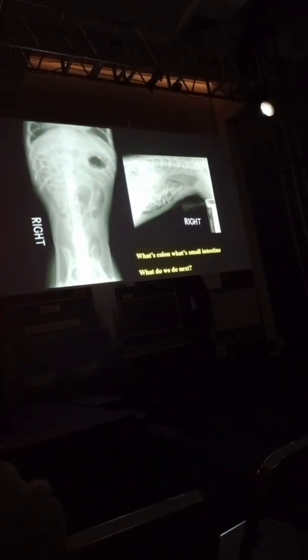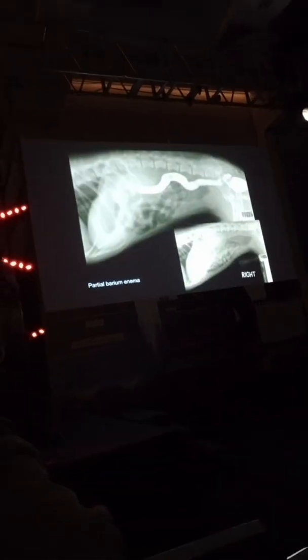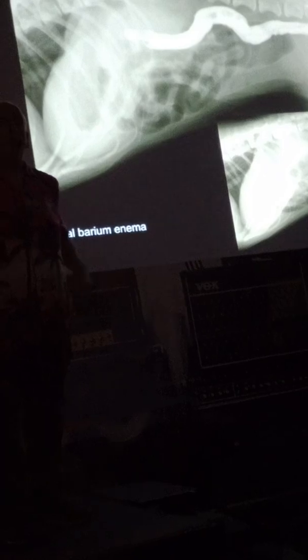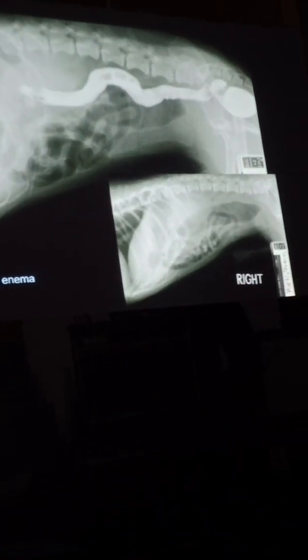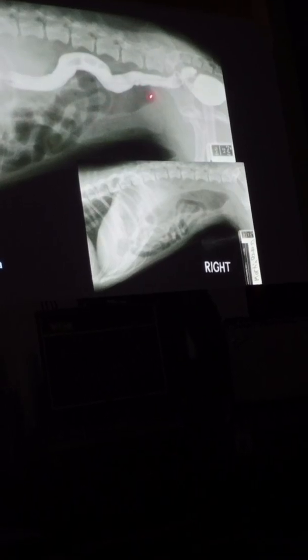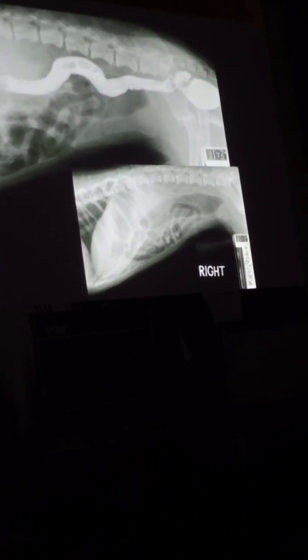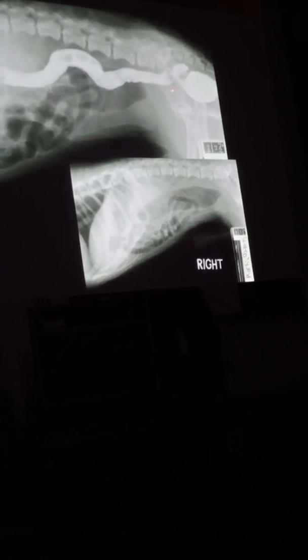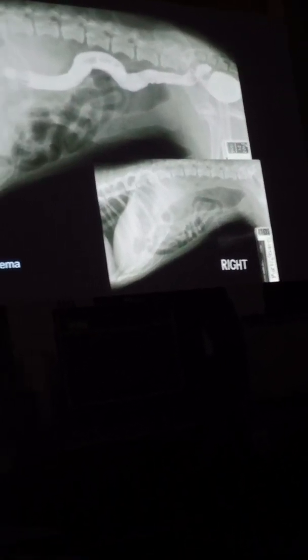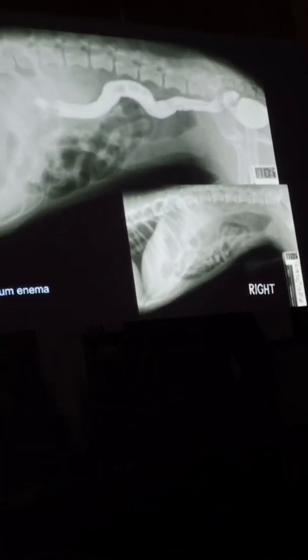I can put air in. I can do a pneumocolon. But in this case, I didn't do a pneumocolon. I actually used a little barium. The reason I used a little barium is that I wanted to make sure that I either filled this with barium or I didn't, because it was already filled with so much gas.